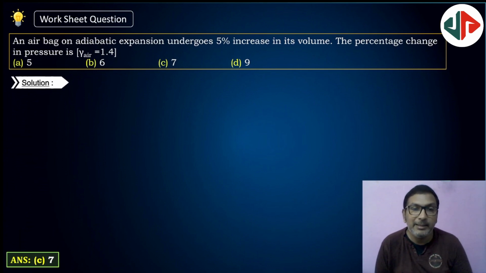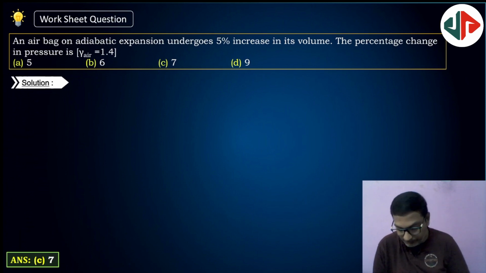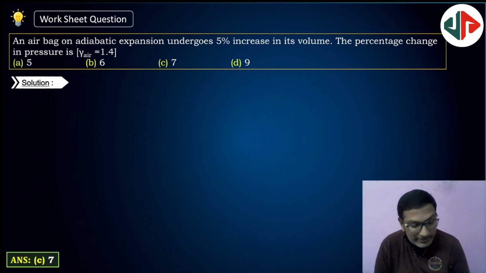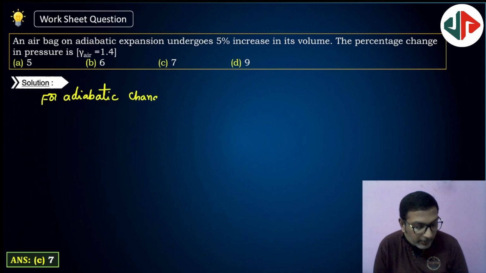So air bag contains the air which on expansion gives 5% increase in volume. The percentage change in pressure, given gamma of air 1.4. Simple question only. So for adiabatic change, we can write PV power gamma equal to constant.